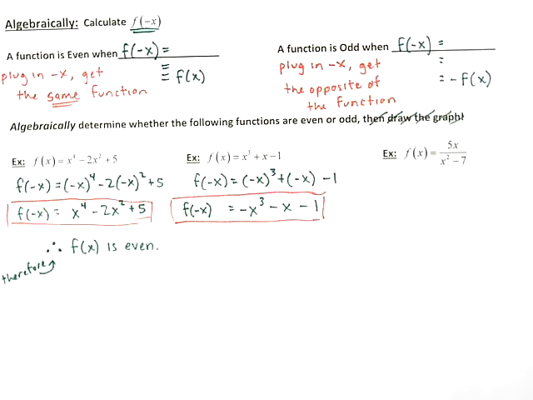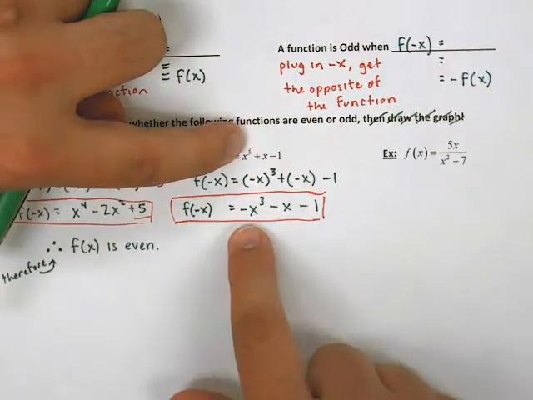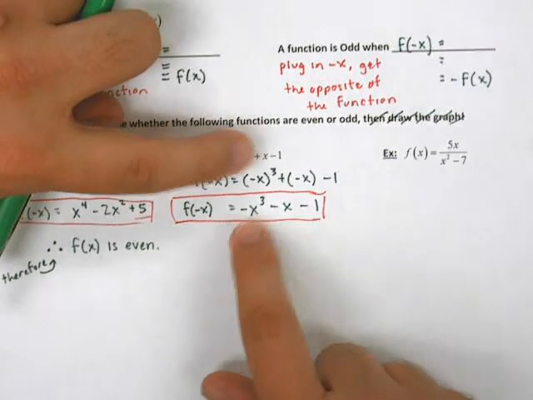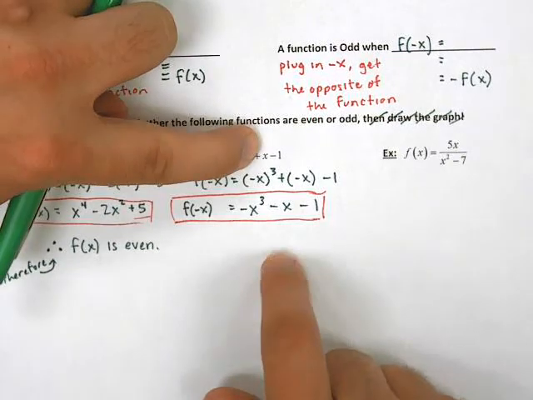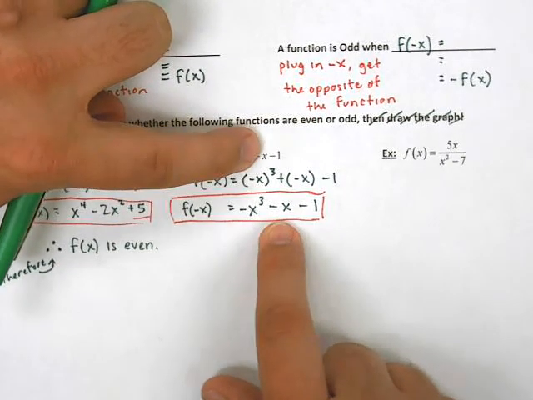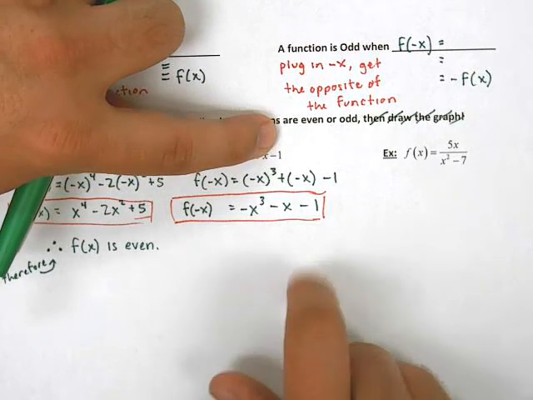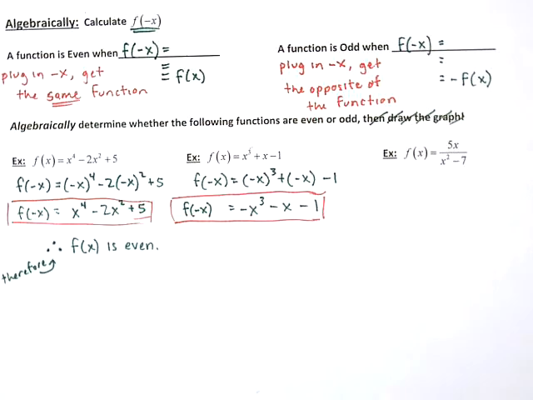Now let's take a look. x cubed, negative x cubed. Opposite, good. Positive x, negative x, opposite. Negative 1, same.